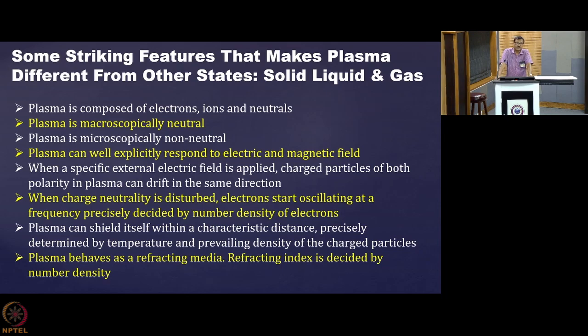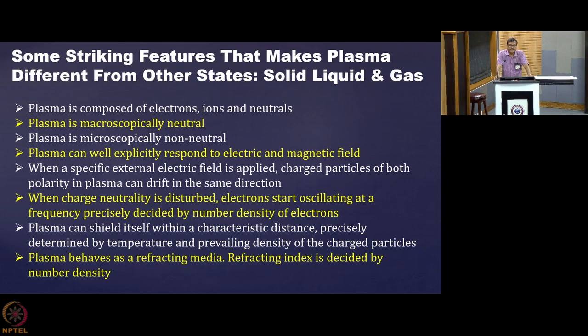But there is something called E cross B drift, which you have already gone through in the classes, in which both positively and negatively charged particles drift in the same direction. Now when charge neutrality is disturbed, the electrons start oscillating at a frequency precisely decided by the number density of the electrons, because the restoring force comes from the number density.